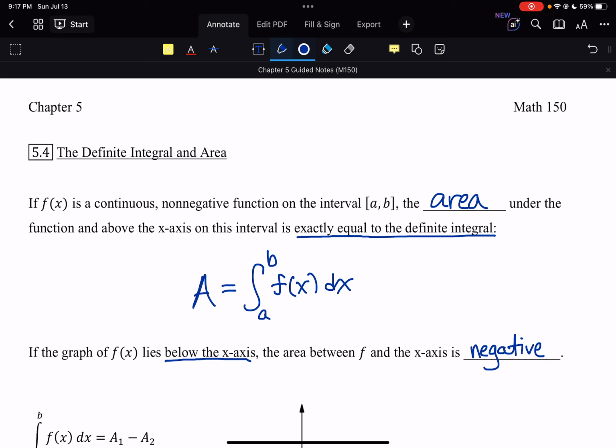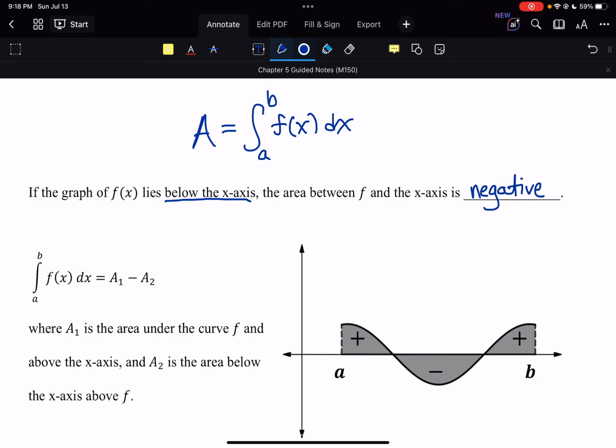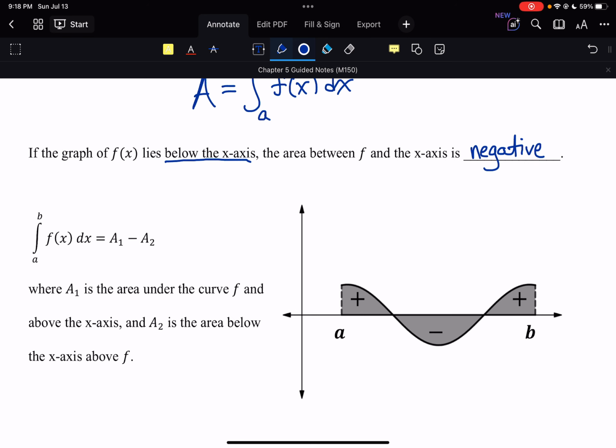So when we talk about the idea of area with an integral, we're not talking necessarily about geometric area, because if it was geometric area, everything gets counted positively no matter where it is. But what we have in this case is what we would call net area.